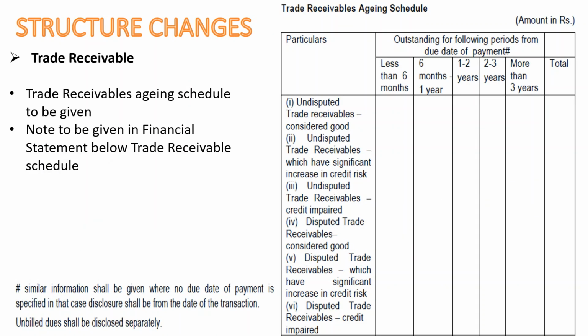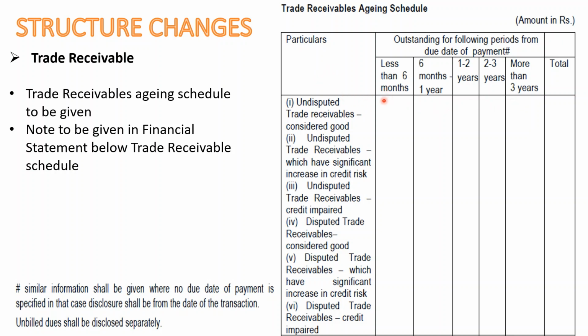A new trade receivable ageing schedule has been added, which has to be disclosed below the trade receivable schedule. This schedule has to give ageing regarding outstanding for a period from the due date of payment and in the buckets of less than 6 months, 6 months to 1 year, 1 to 2 years, 2 to 3 years, and more than 3 years.